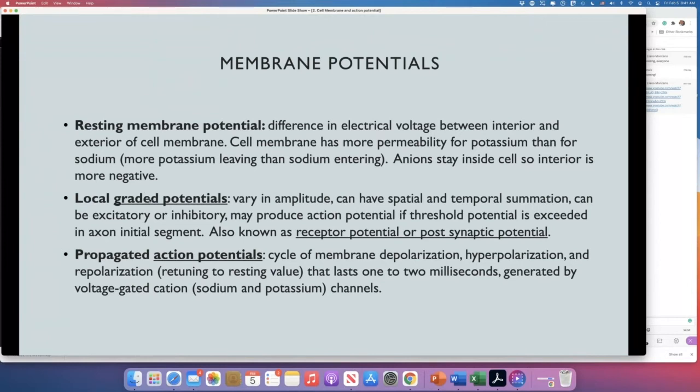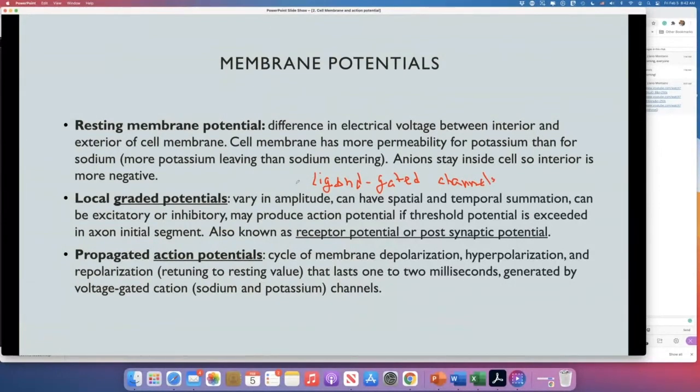The local graded potentials can be generated by, for example, other types of channels that we classify as ligand-gated channels. Let me put that here. Ligand-gated channels. What is a ligand?